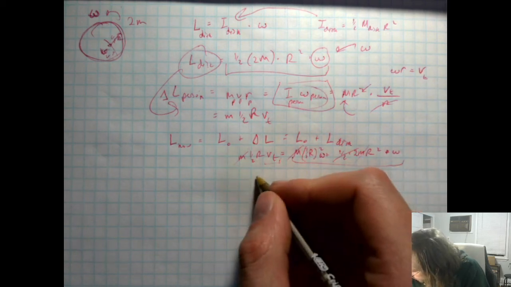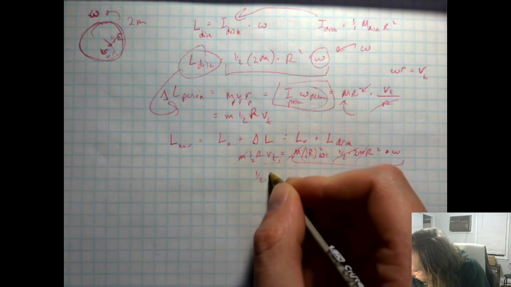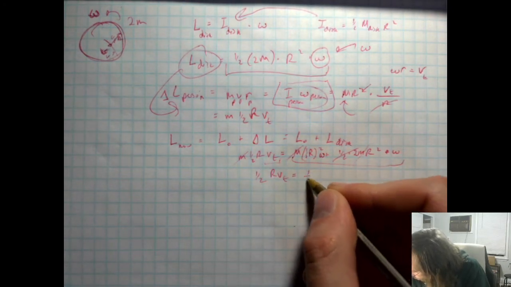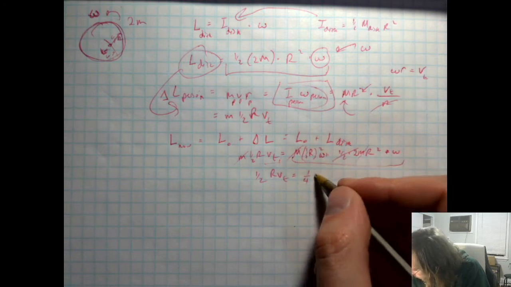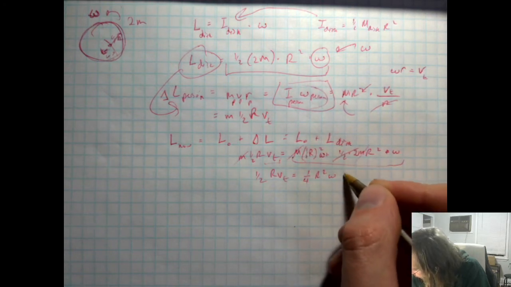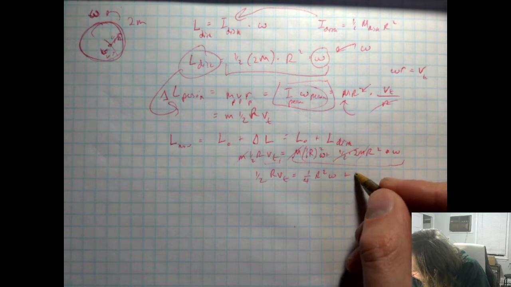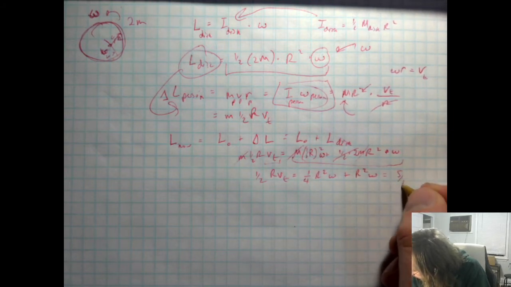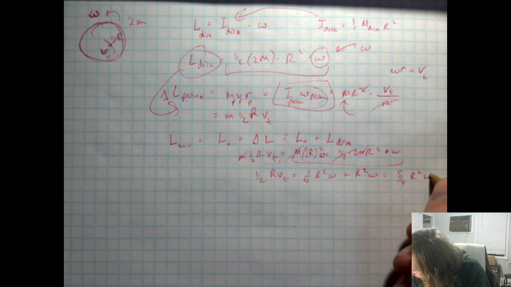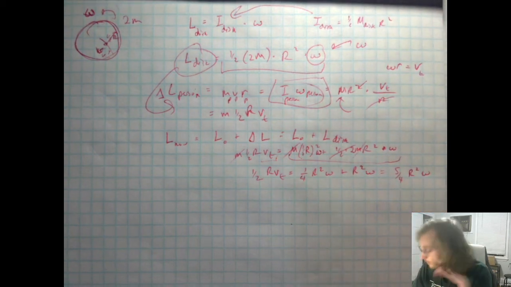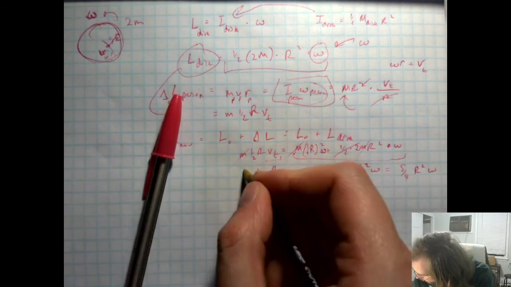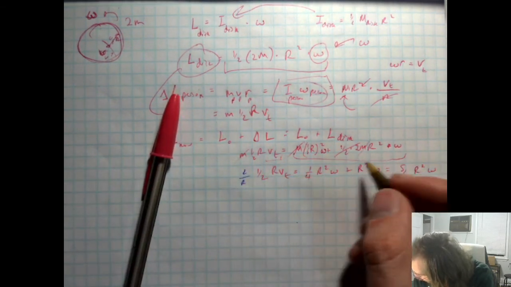So we've got 1/2 r tangential velocity equals 1/4, because 1/2 squared, r squared omega plus r squared omega, which is equal to 5/4 r squared omega. And we can take that and multiply each side by 2, divide each side by r, and we're done.